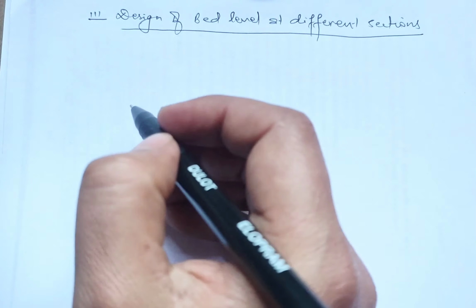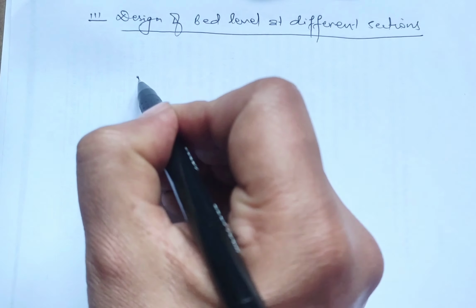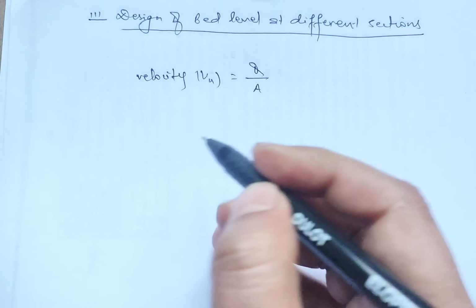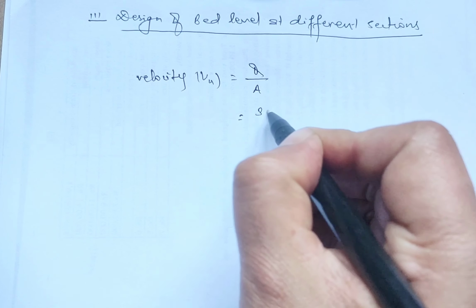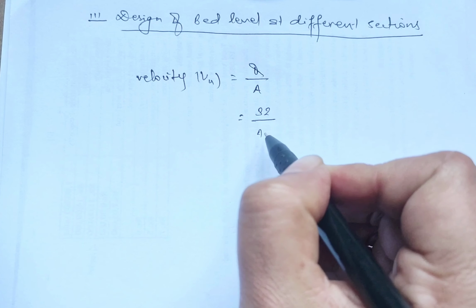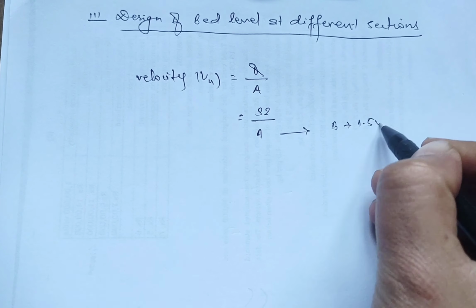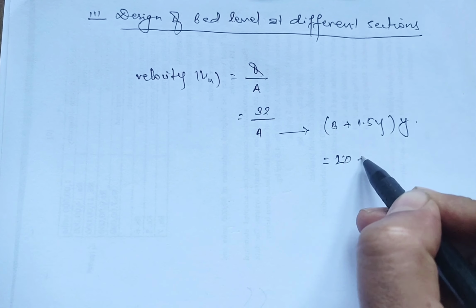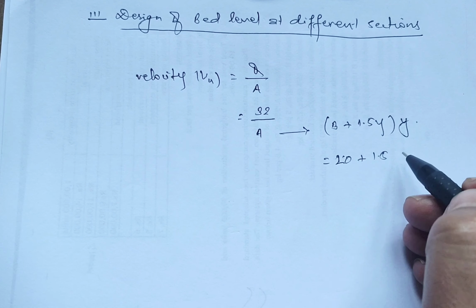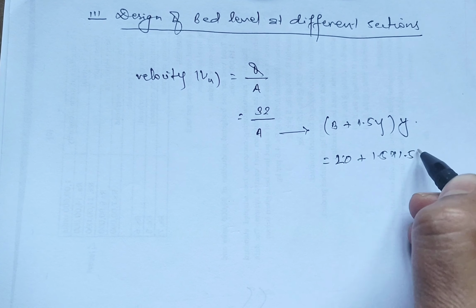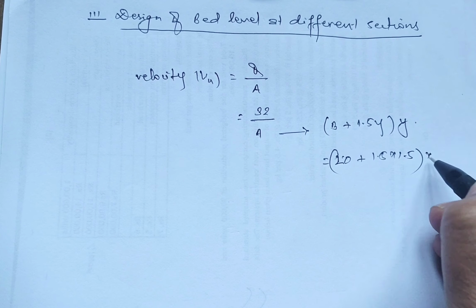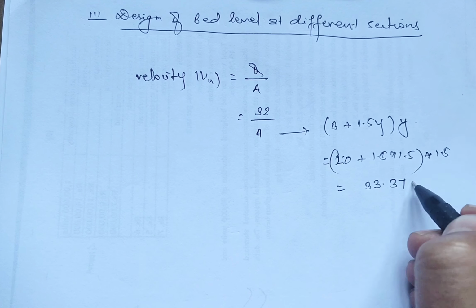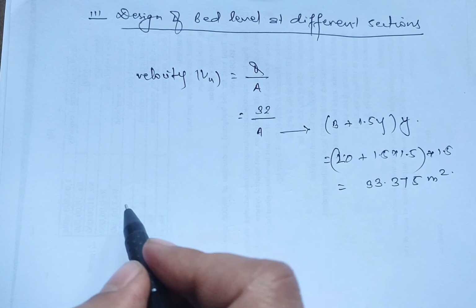First we'll determine the velocity at 4, which equals discharge divided by area, where the discharge is given as 32 and area is to be determined for 20 plus 1.5, as the depth is given as 1.5 in the question, times 1.5. On solving this, the result will be 33.375 meter square.